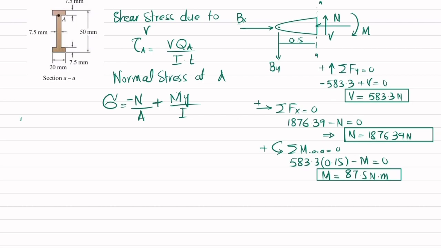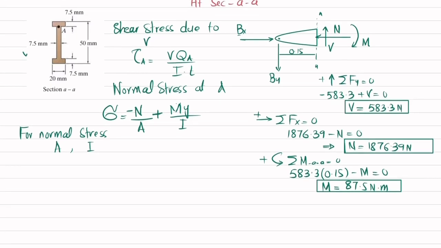So for normal stress we need A, which is the cross sectional area, and I. You can see this is the cross section of the beam, so if you take it as a rectangle, clear, the area will be 20 by 50, so 20 millimeter in meter is 0.02, and height 50 millimeter in meter is 0.05 meter.